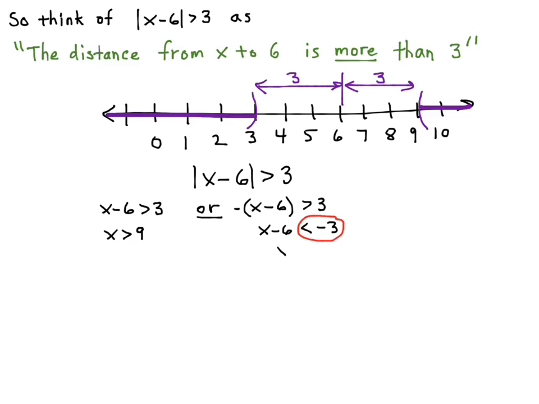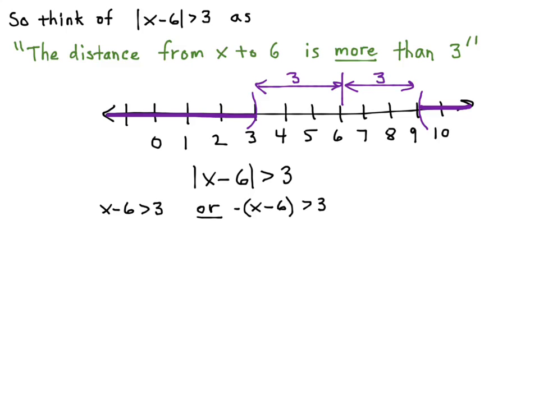If that distance is more than 3, that means it has to either be 2, 1, 0, or any number to the left, or it can be 10, 11, 12, any number to the right. And so this is an or situation, right, where x is either in one interval, or it's in the other. And so when we solve this, let me just back up a little bit here.